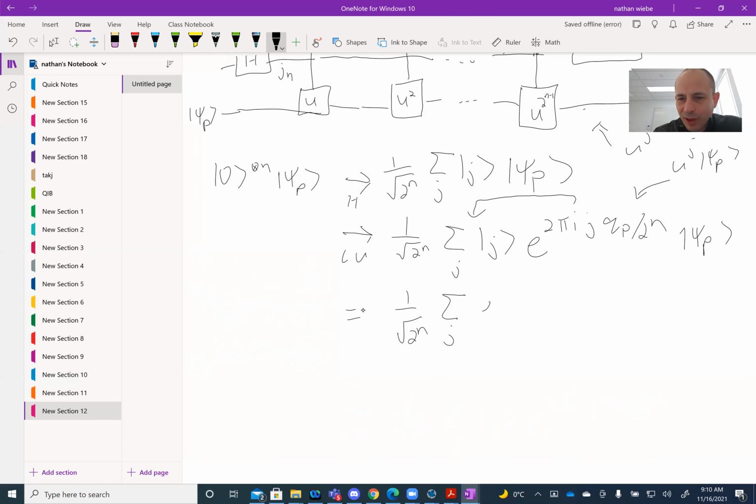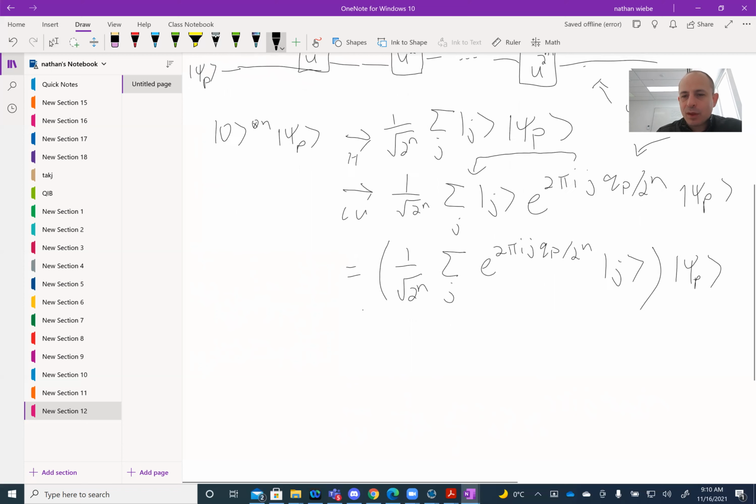So I can write this actually as e to the 2 pi i j q sub p divided by 2 to the n, j, psi p. Further, I can put brackets anywhere I feel like. So I'm going to choose to put my brackets here and here. Okay, great. So nothing really has happened, but something kind of has.